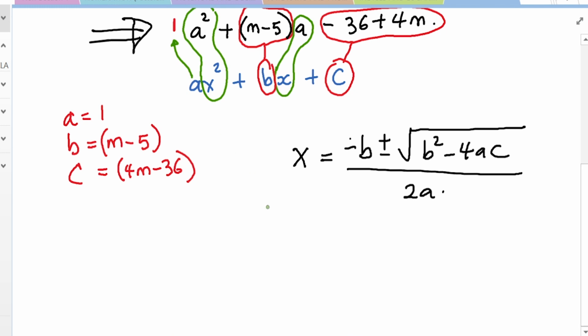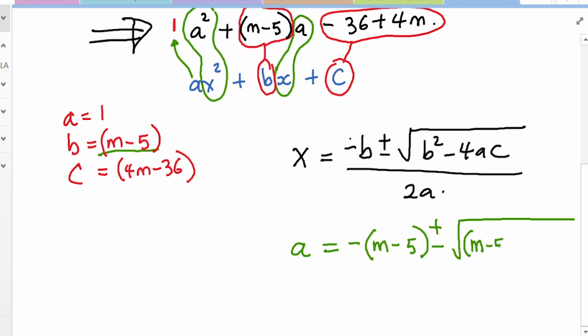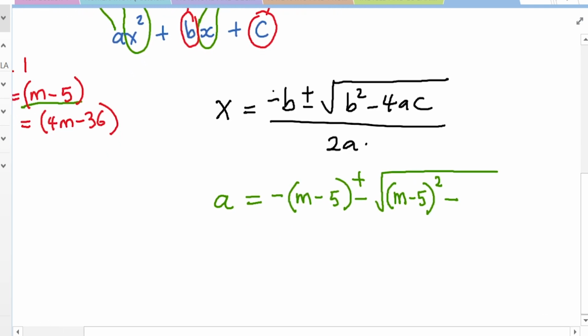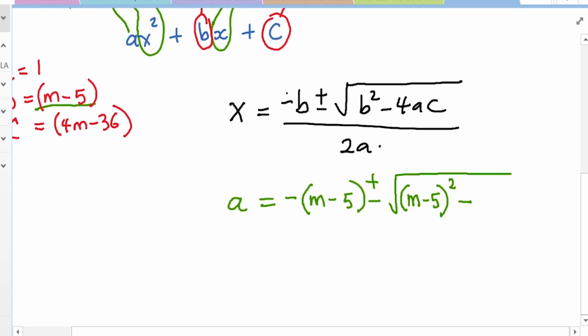So I shall come here and say that a is given that my b, remember, is m minus 5, so it is minus into m minus 5, plus or minus under the square root of b squared. Remember, my b squared is m minus 5 squared, minus 4 times my value of a.